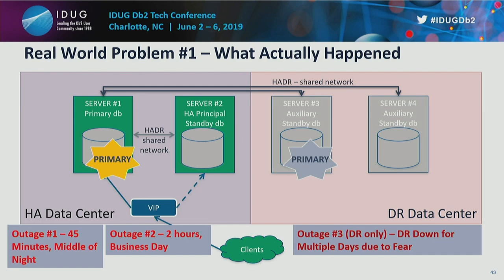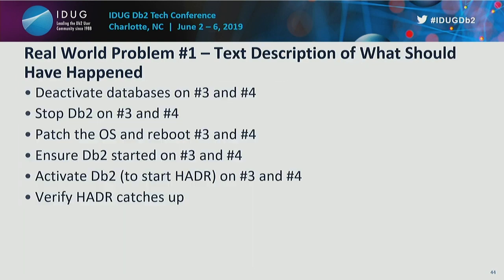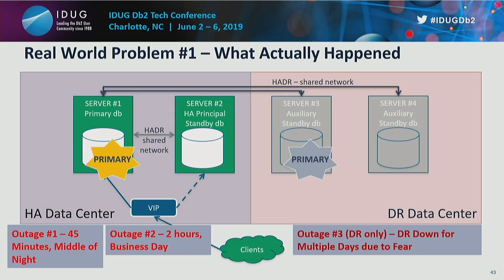That's the way the client interpreted what happened at this point. And so these servers were down for multiple days due to the fear of what happens if we start these servers back up. So we worked through that, and we got to the point where we were finally able to bring those 2 back in. With a restore, this one had to be restored in order to bring it back in safely.